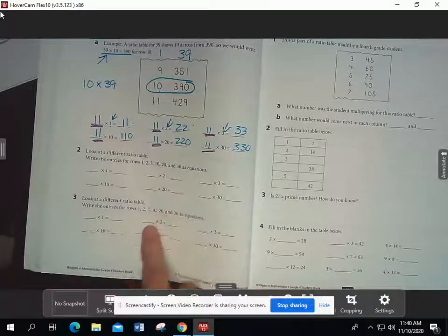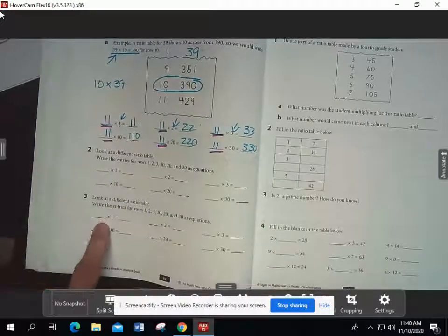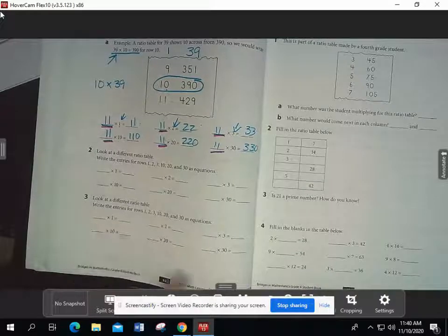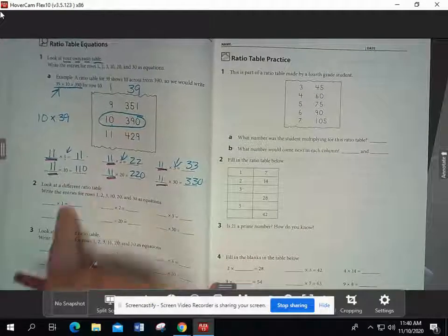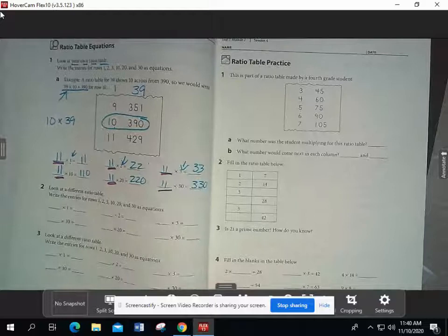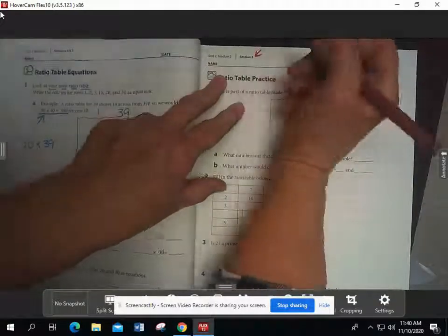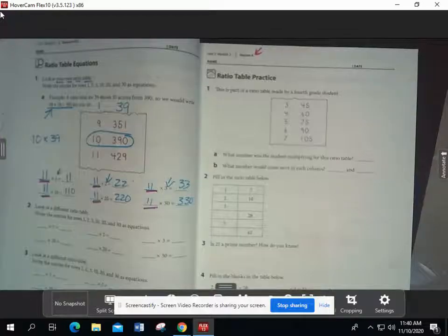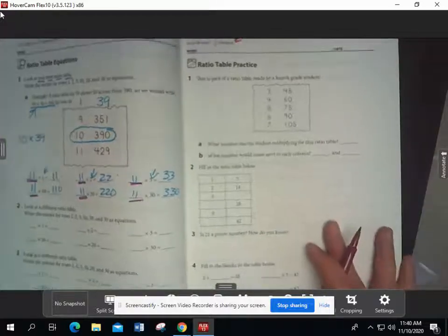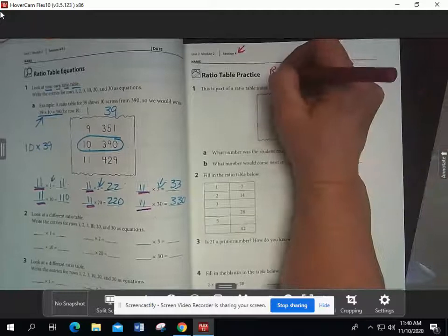And then you're going to do that. And then can you switch with somebody else if you have time? So you're just going to keep working on these with the different ratio tables. And then as you finish, work with this page. This page is just a review. This is a review page.